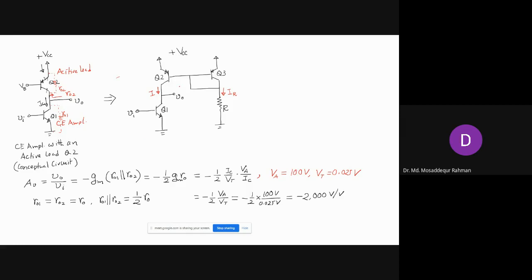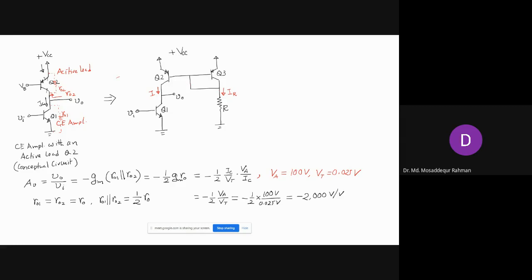Now, what is this Q2 and Q3? What do they make? So current mirror. Right. These two together make the current mirror circuit, right? So Q2 and Q3 is the current mirror circuit. Among this, Q3 establishes this current IR, right?